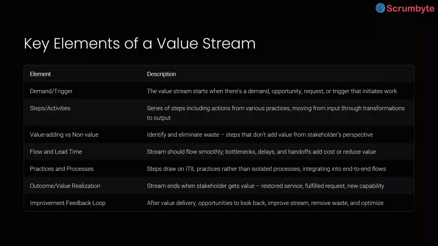So these are some of the key elements of a value stream. You have a demand trigger, then you have to define the steps, the activities, then you have value-adding versus non-value-adding.